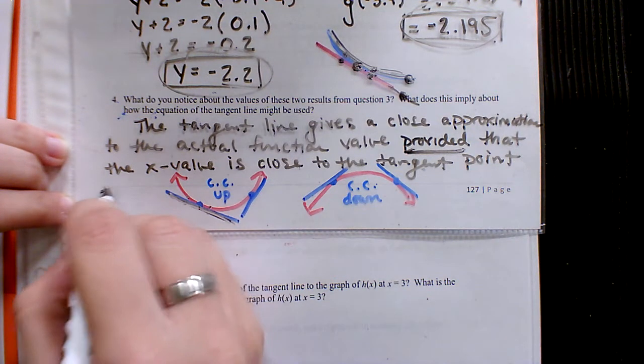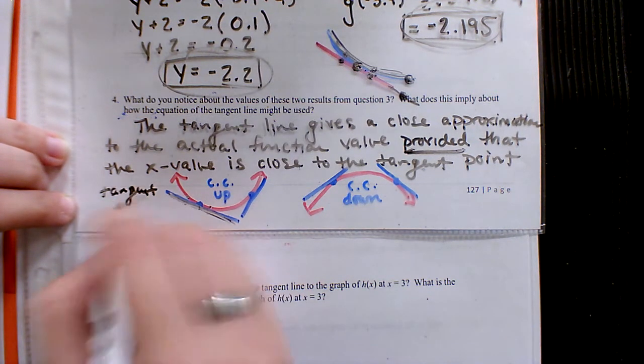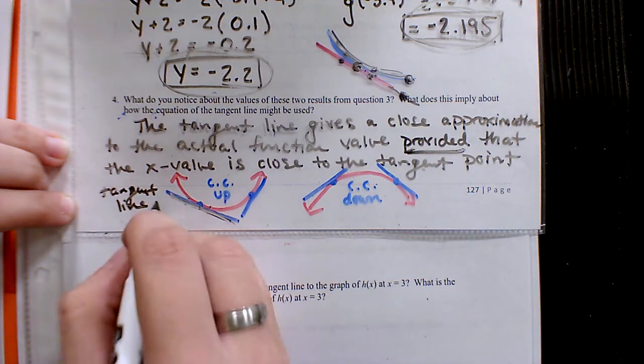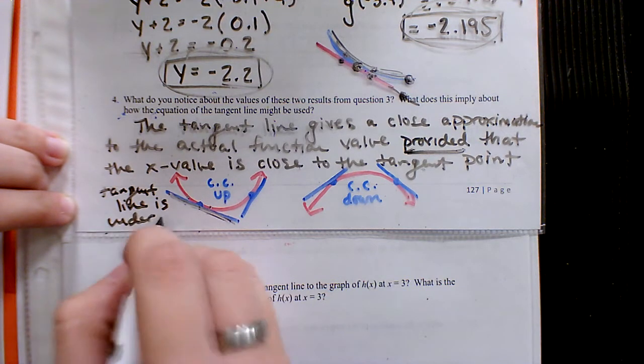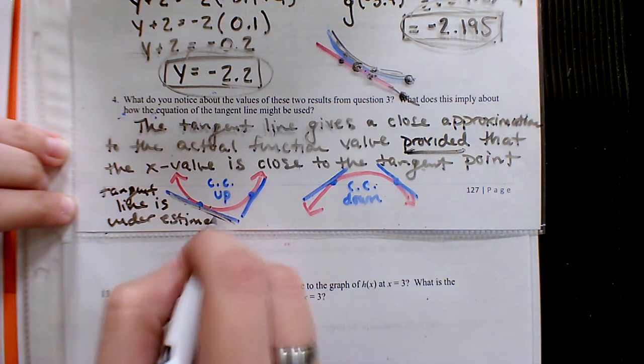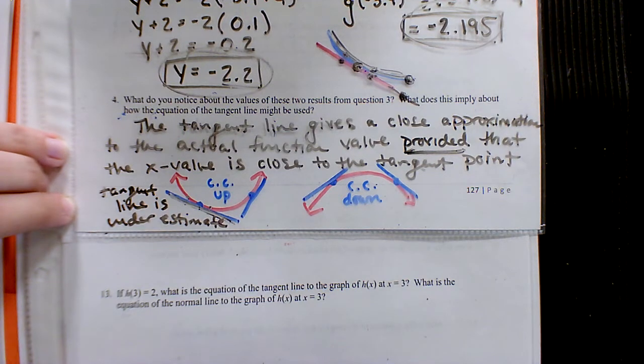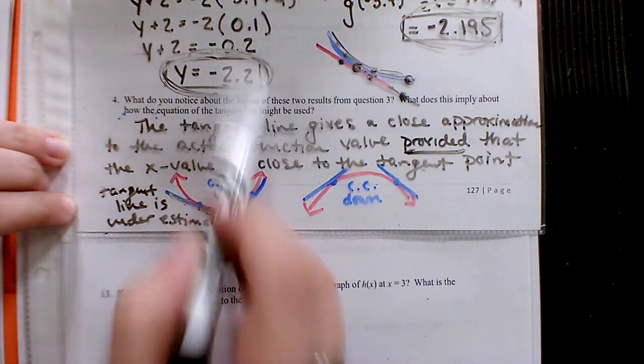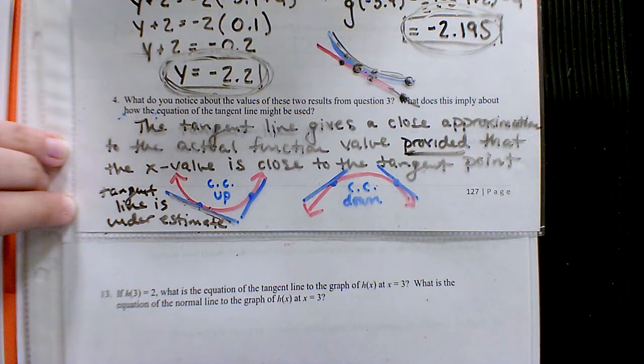So we'll say in this case, tangent line is an underestimate. And isn't that what happened in our example? If you take a look at the graph at the top, isn't it concave up? And the approximation we found was less than the actual.